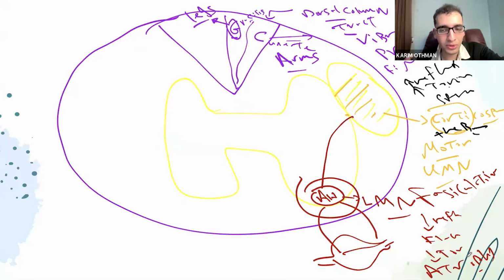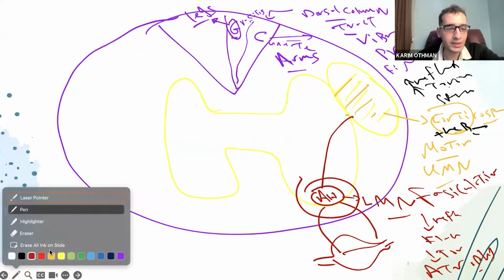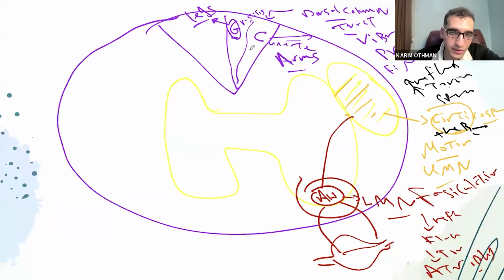So now we know the corticospinal, now we know the anterior horn, and also now we know the dorsal column itself. Okay, guys? Now these tracts, for example, the dorsal column goes into the brain, and it will be called in the brain the medial lemniscus. In the brain, we call the dorsal column the medial lemniscus. And we know that also the corticospinal tract usually arrives from the brain.